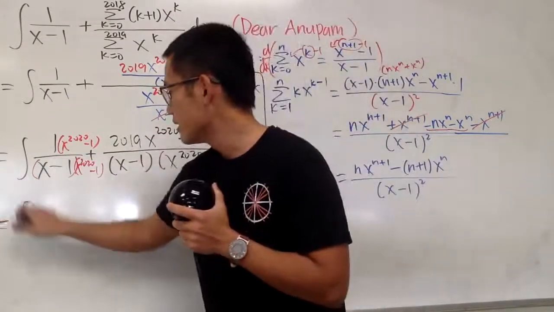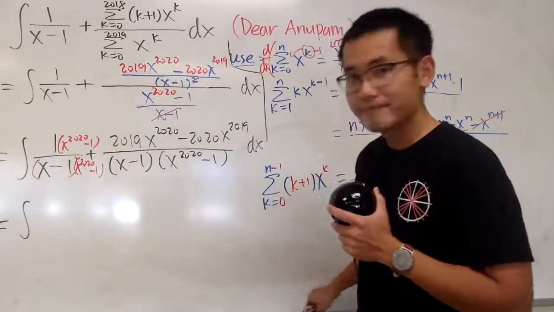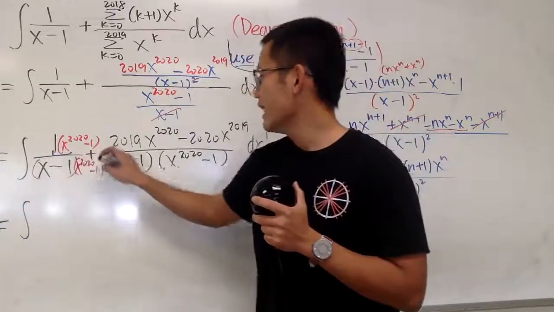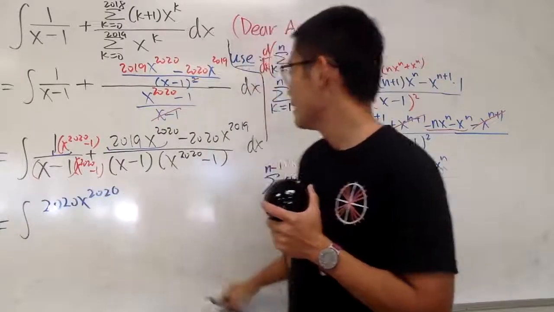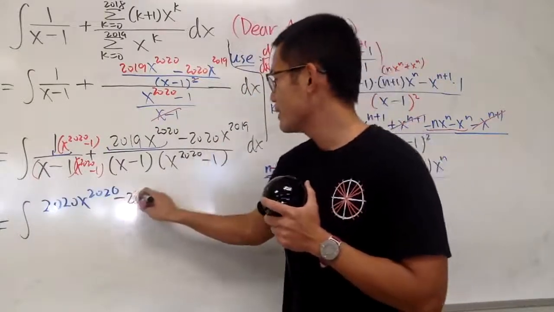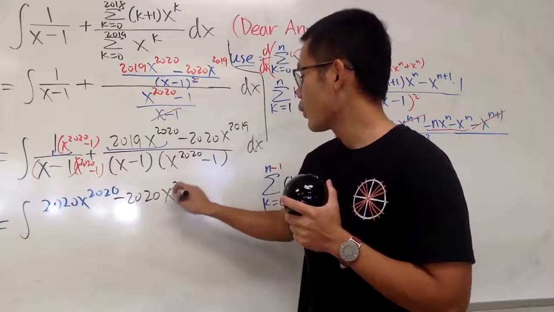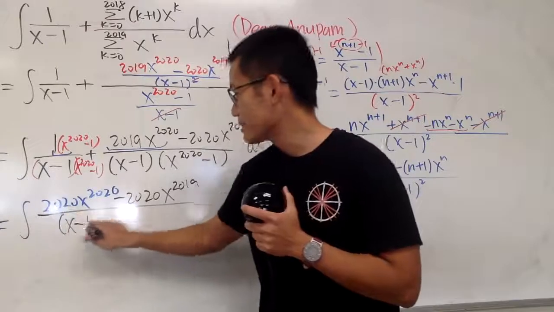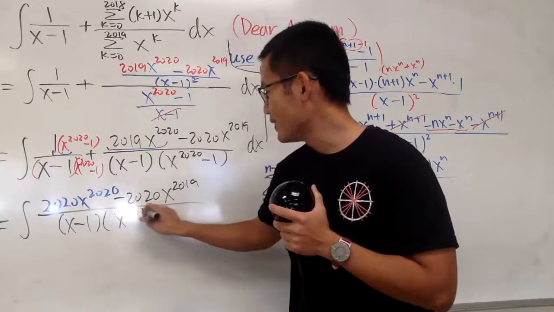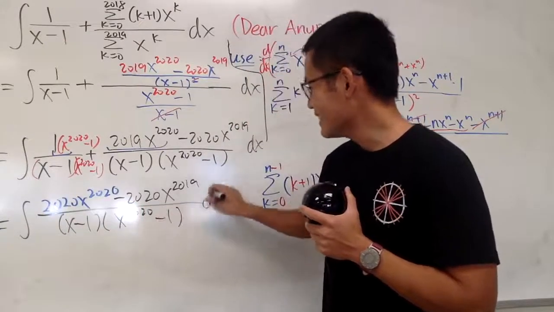As you can see, here is the integral, and this and that is 2020 x to the 2020. Yeah, and then minus 2020 x to the 2019 all over this for the denominator, x minus 1, x to the 2020 minus 1, like this, yeah?